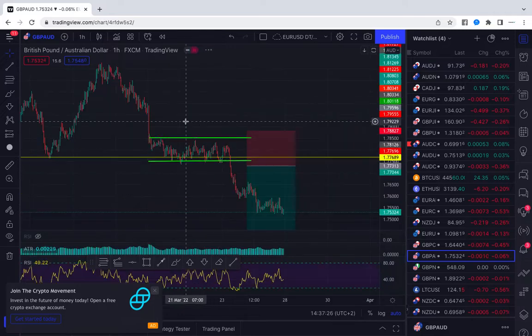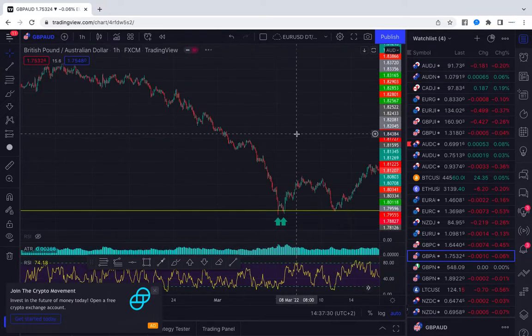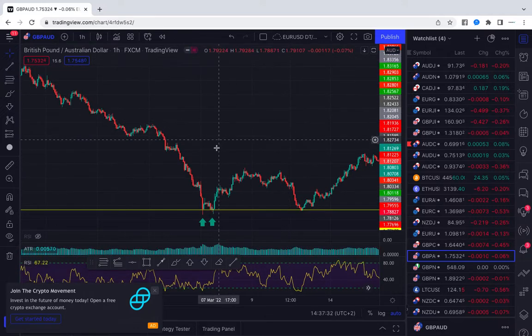If you look at the major structure level here, the first area where we had some kind of a major retracement was here. Why? Because we had a nice double bottom. You can see the initial test and the retest, and the market was even oversold.